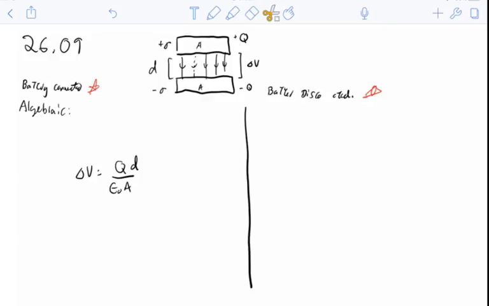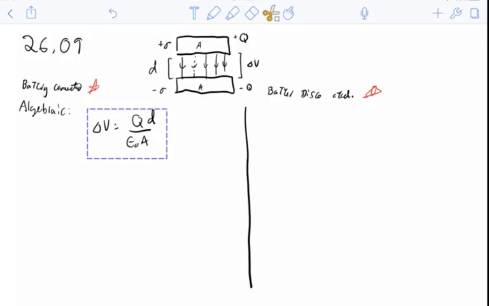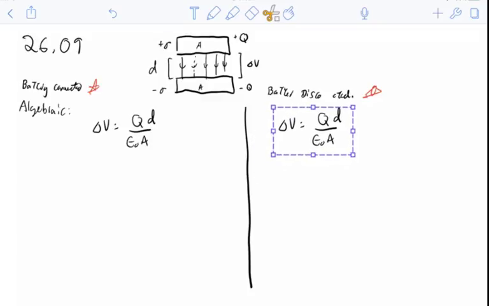So the question here is, if you leave the battery connected versus if you disconnect the battery, how does this change? So we're going to use these equations. We're going to use another one on top of this as well, though.